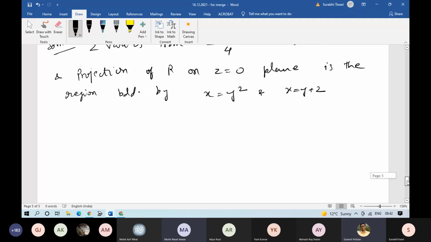Ma'am, y plus 3 equals to 0 is not included in that curve. अगर मैम हमें प्रोजेक्शन लेना है, z इक्वल्स टू 0 डालेंगे तो y plus 3 मैम 0 होगा ना मैम. Projection y is equal to 0.